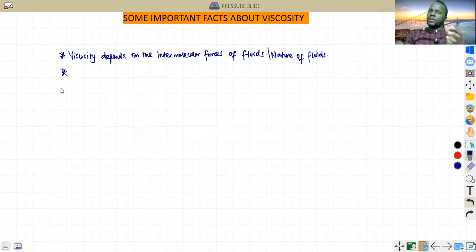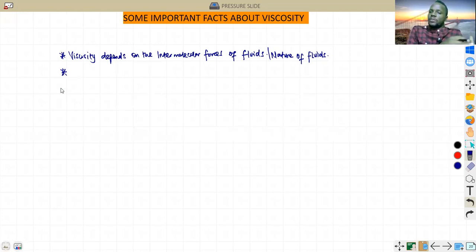For you to understand the concept of viscosity very well, you need to watch the video series in the way it is arranged on the page. Now, viscous force, we say, is the frictional force that acts between fluids. Then it depends on some certain factors. One of the overall factors of viscous force is the intermolecular force.